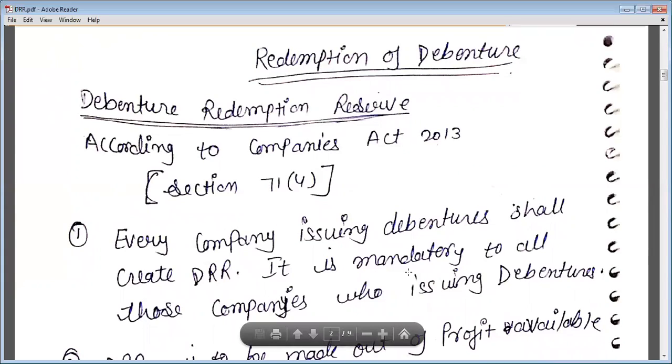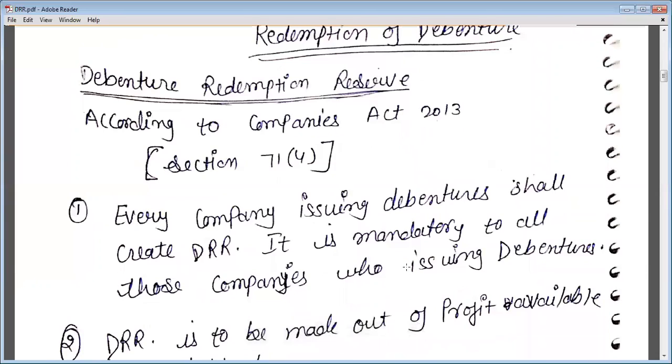It is mandatory and compulsory for all those companies who are issuing the debentures. So how will a company create DRR?